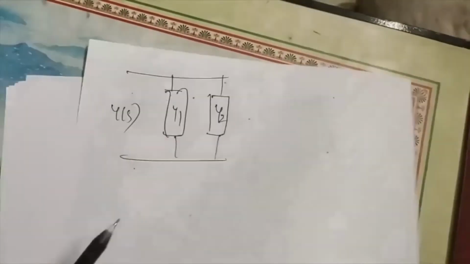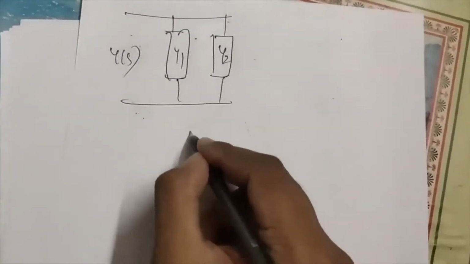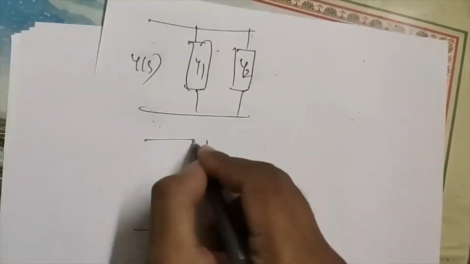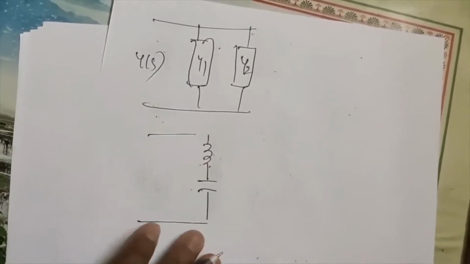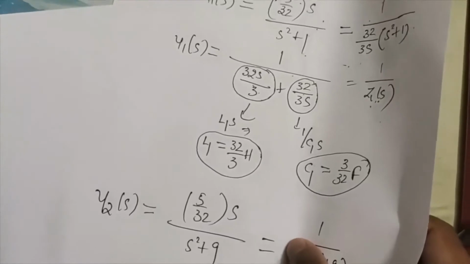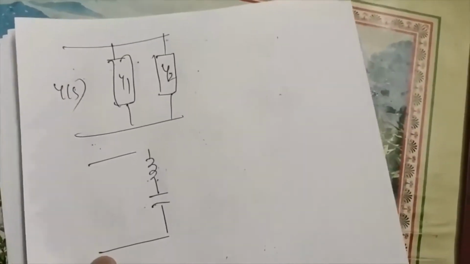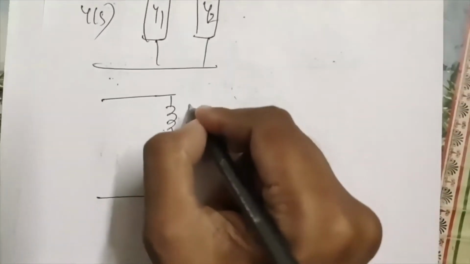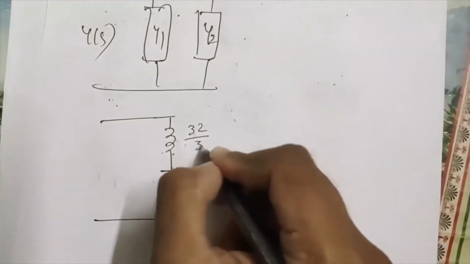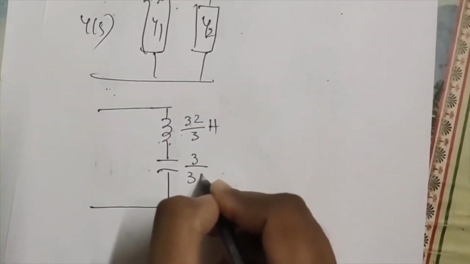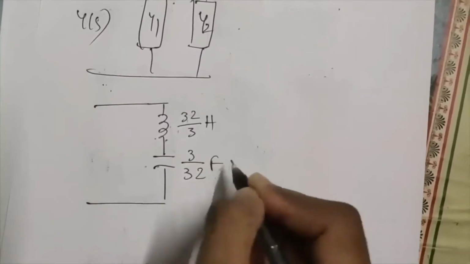So instead of Y1, I get an inductor in series with a capacitor. Inductor value is 32 by 3 henries, capacitor value is 3 by 32 farads.